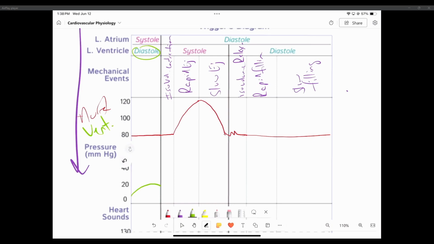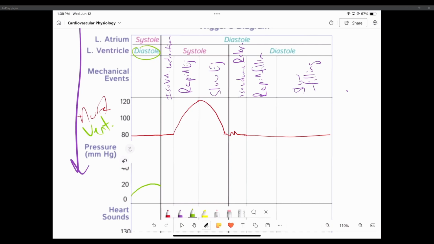Now, we're in isovolumic contraction of the ventricles during the first phase of systole. What's going to happen to ventricular pressure at this point? It starts to increase. What is the goal of the pressure generated by the ventricle at this point? What number does it have to get higher than? Aortic pressure.